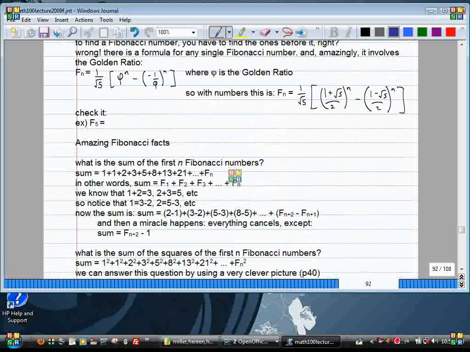Now you might say, well, that seems very hard. There's no way I could possibly figure out what's going on. Turns out that you can answer this question of what the sum is by using an unbelievably clever picture. Remember when problem solving we said, let's look at a picture and use it to answer the question.